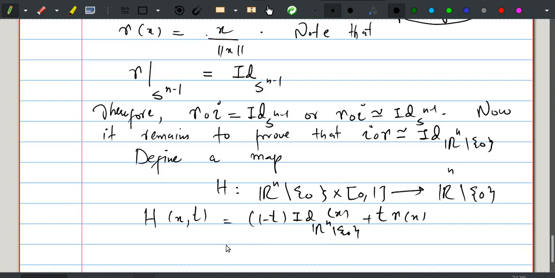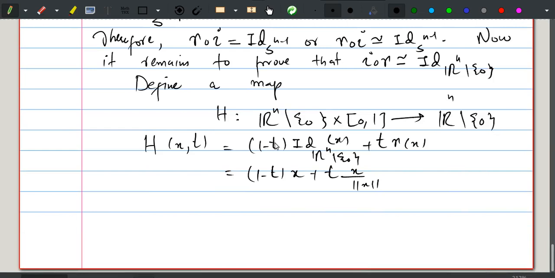That is the same as (1 minus t) times id of x, which is just x, plus t times R of x, which is just x divided by norm of x. Now let us check whether this is a homotopy between this I composed with R and this identity map or not.